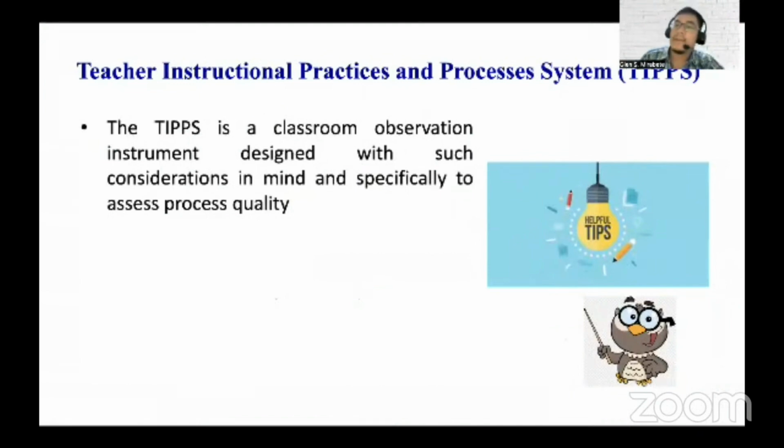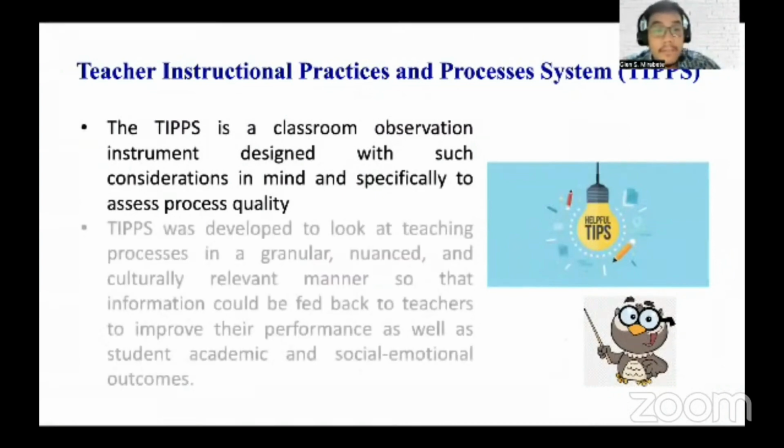We're aiming for quality instruction, and achieving it depends on the training given to teachers. The teachers are at the heart of this, as we are in the process of giving learning to students, affecting learning. So we should have the classroom observation instrument.